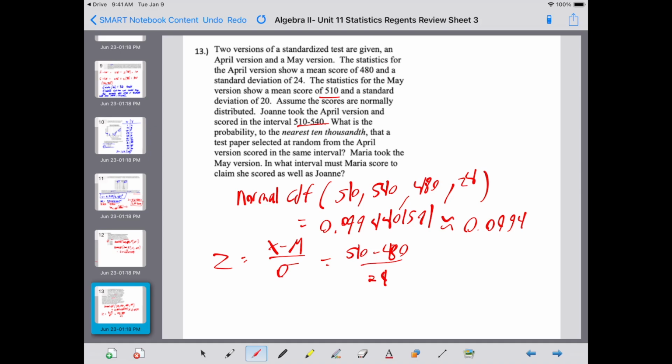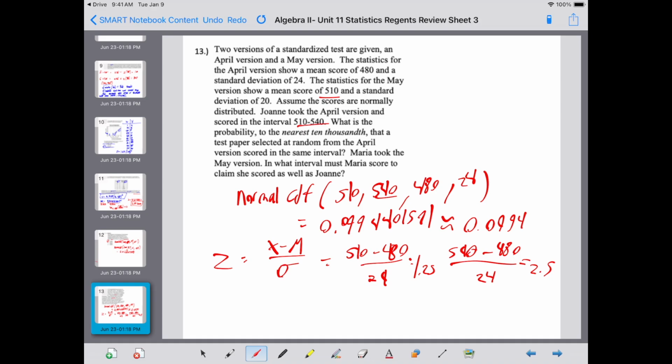You're also going to do the same thing for 540. So 510 minus 480 divided by 24 is 1.25. 540 minus 480 divided by 24 is 2.5. So between 1.25 and 2.5. So we have the two z-scores.